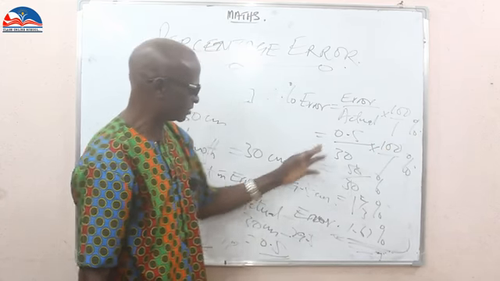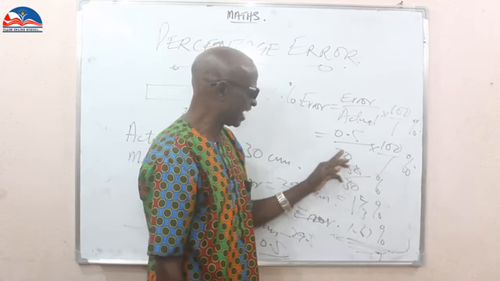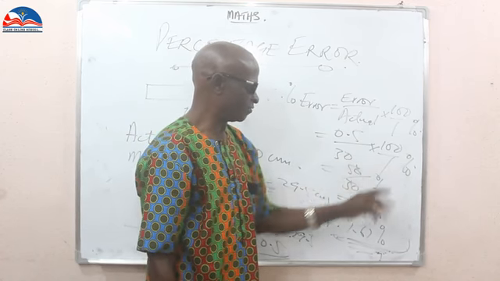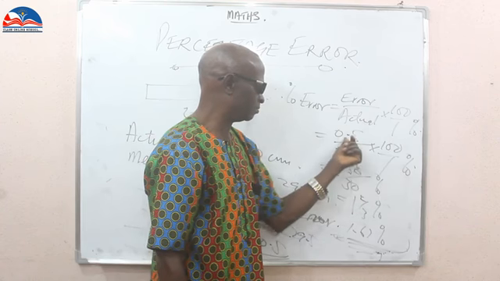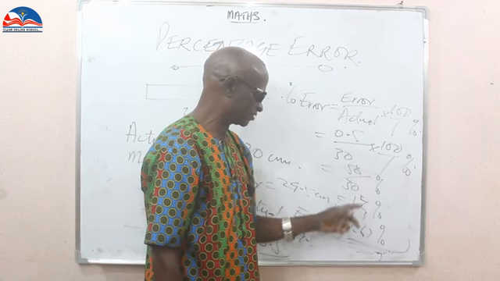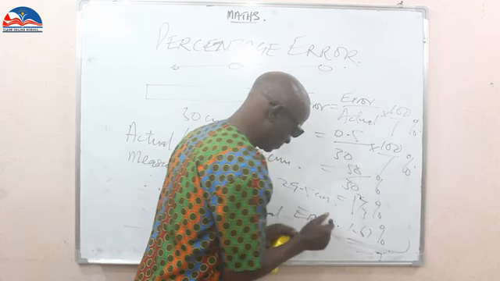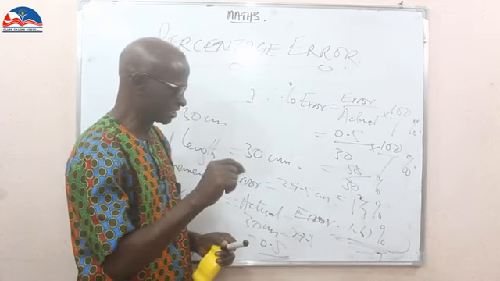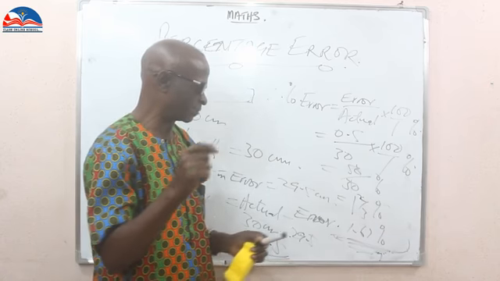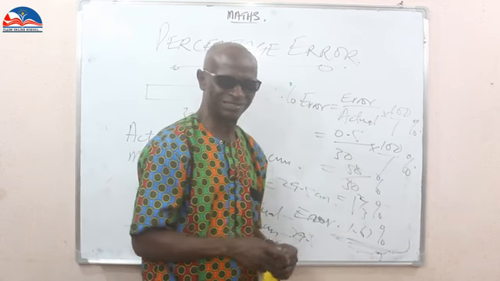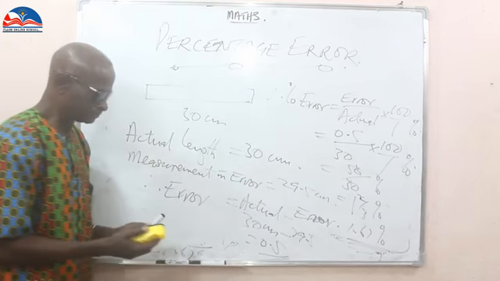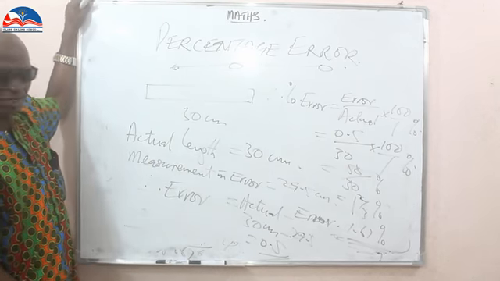The error is 0.5, the actual is 30. Moving two places, 50 over 30 is 1.66666, a recurring decimal that will not stop, so we round up to 1.67%. This is example number 1.